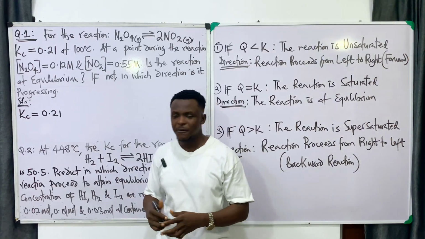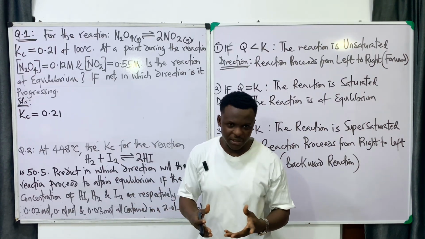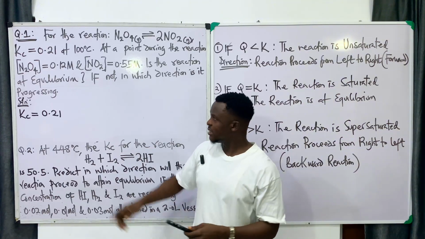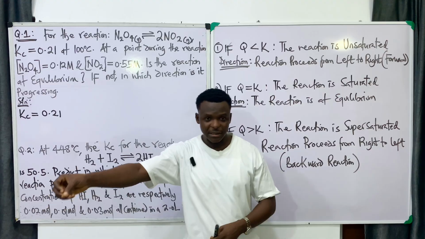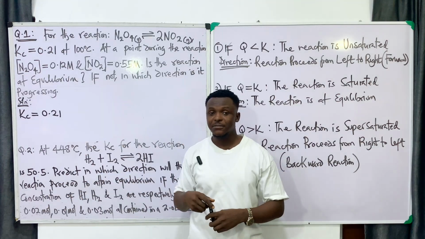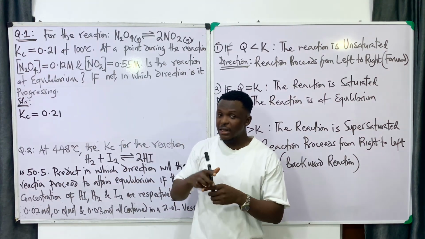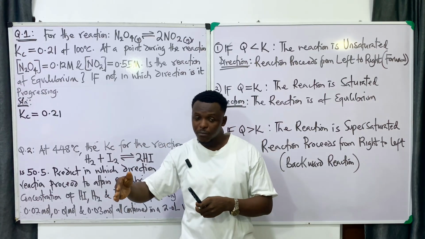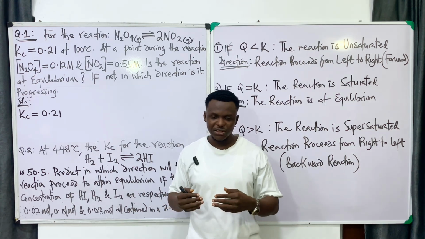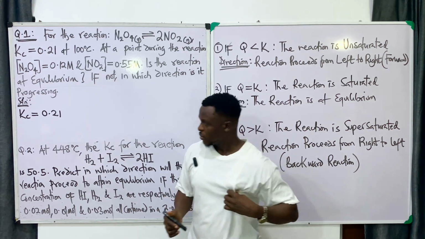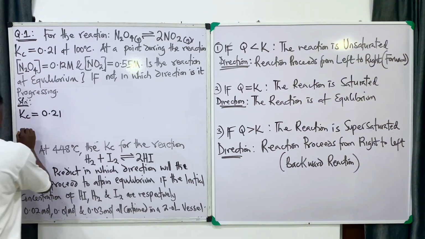So first thing first, you need to solve for your reaction quotient. Using these parameters, they gave us these concentrations at a point, meaning that it was not yet at equilibrium. It could be before equilibrium or it could be after equilibrium, but it has not yet gotten to equilibrium. So I'll say my Qc.